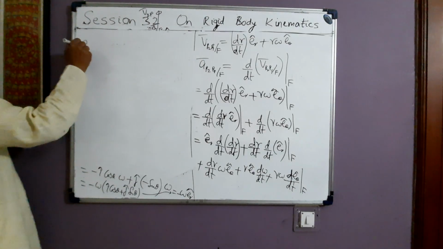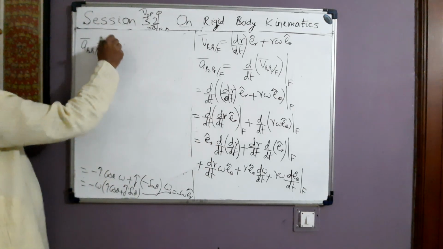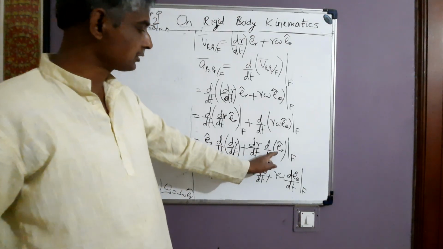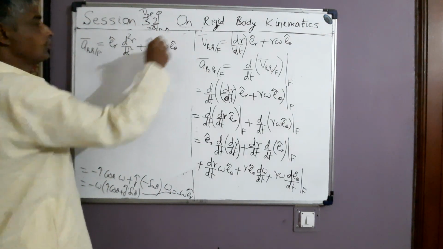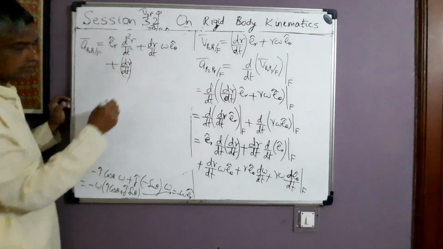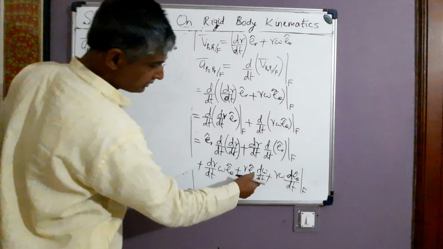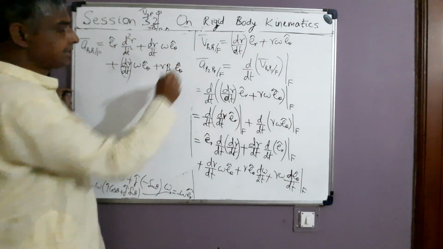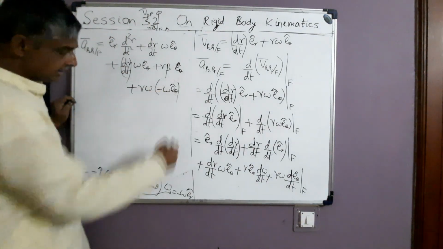So a_P2/P1 in frame F becomes d2r/dt2, plus dr/dt omega into e_theta hat, plus another dr/dt omega into e_theta hat, plus r into beta, the angular acceleration of the line P1P2 with respect to frame F at time t, into e_theta hat, plus r omega times minus omega e_r, as was written here.